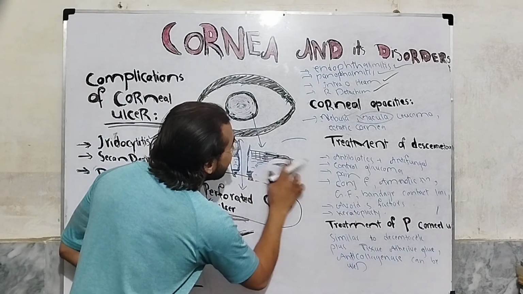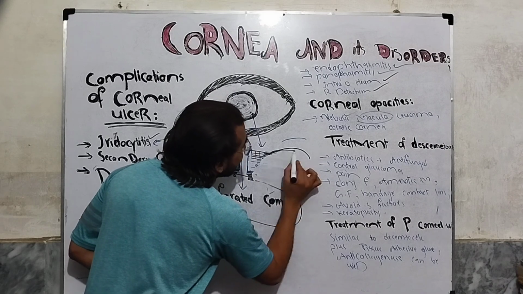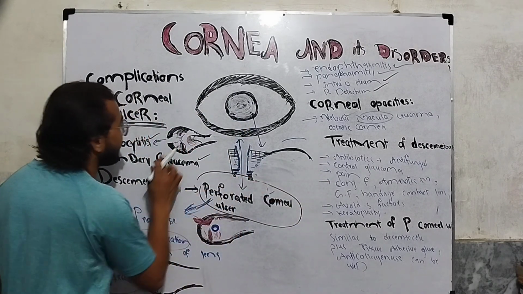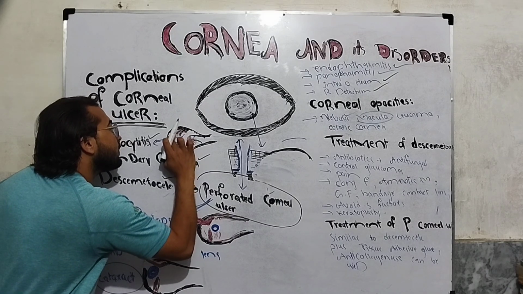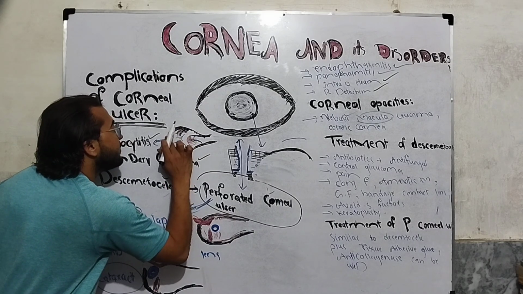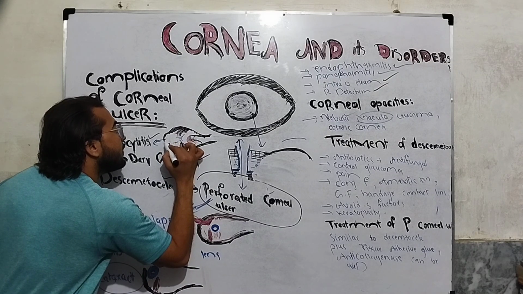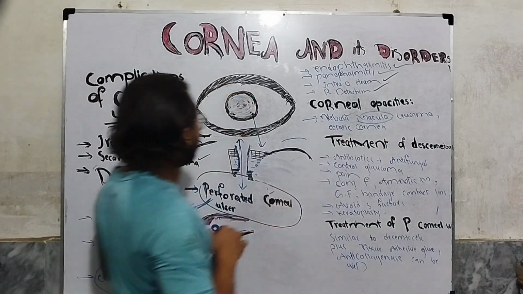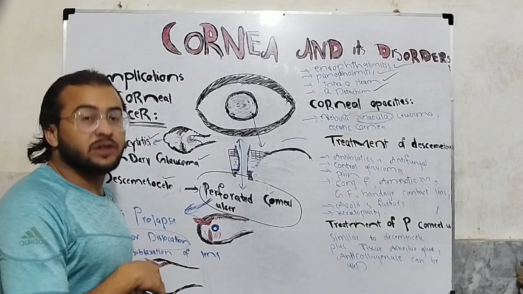Okay, it will bulge out, like this, outside. So this is the ectatic cornea. So these were the complications of corneal ulcer.